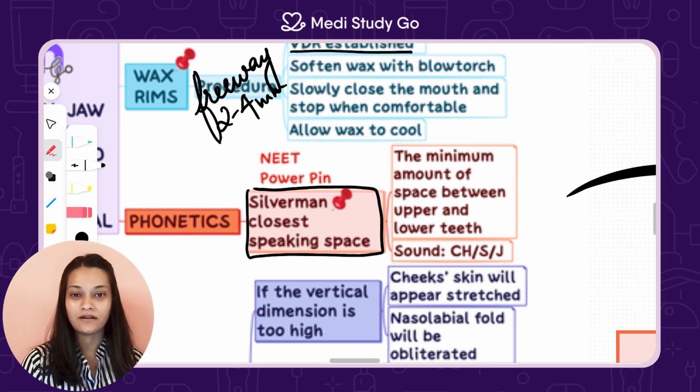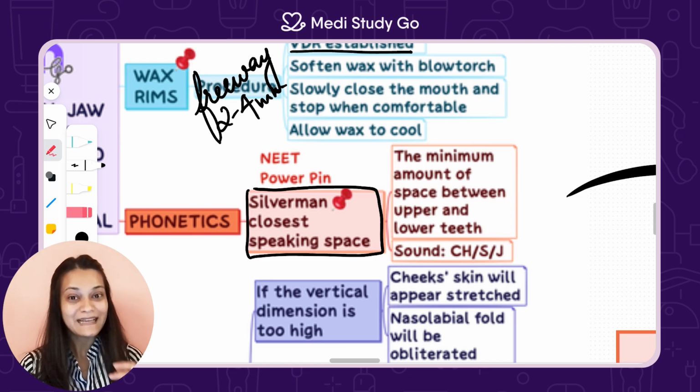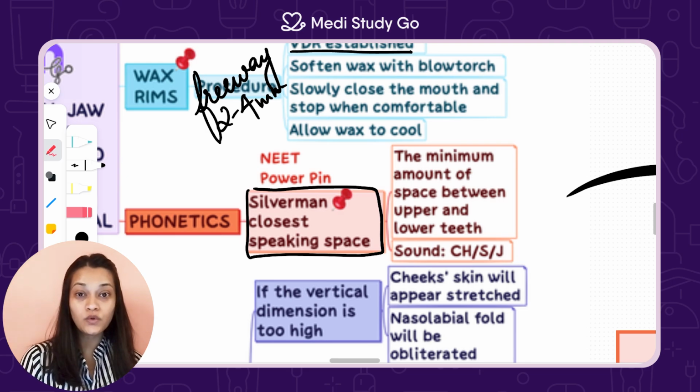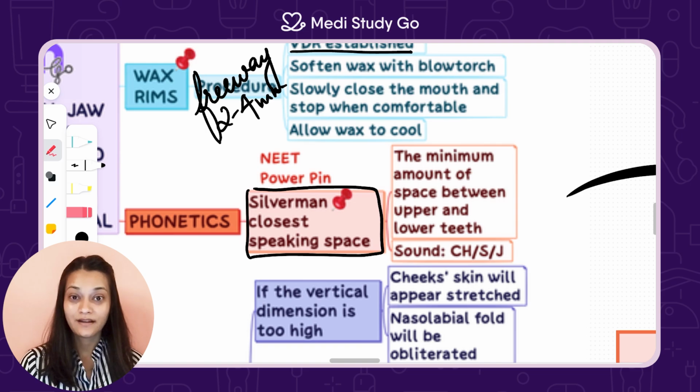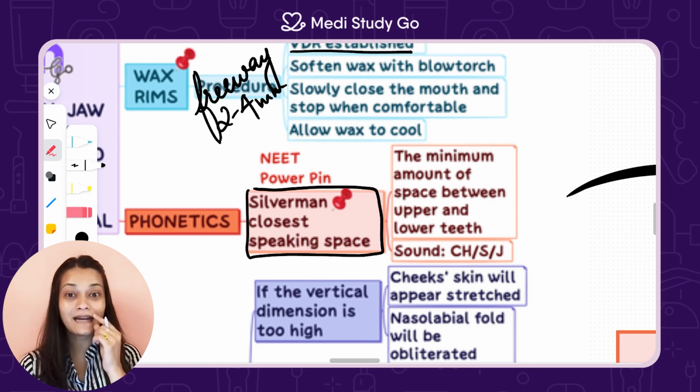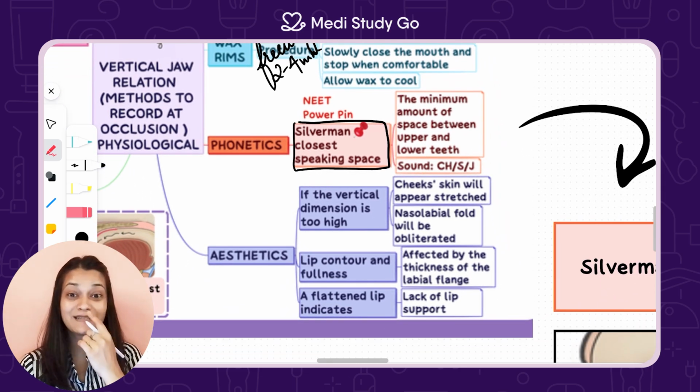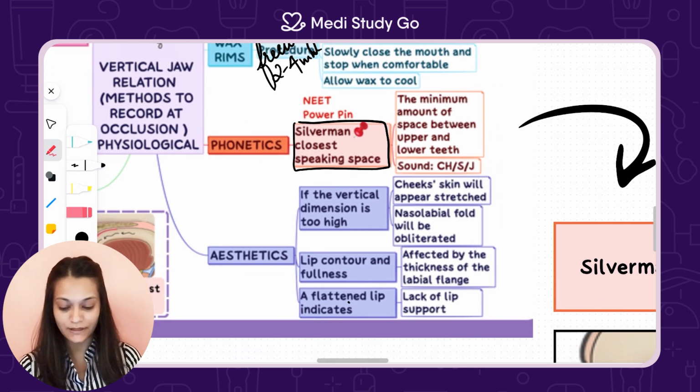Try speaking sir. Can you imagine? Yes. So you will ask the patient to repeatedly speak words like Saraswati, Surat, suction. This will make sure that it is at complete occlusion with a minimum amount of gap. So that is your overbite that you are going to establish.